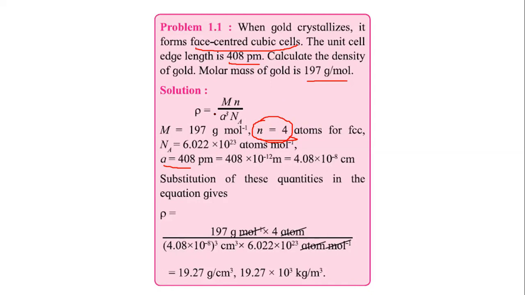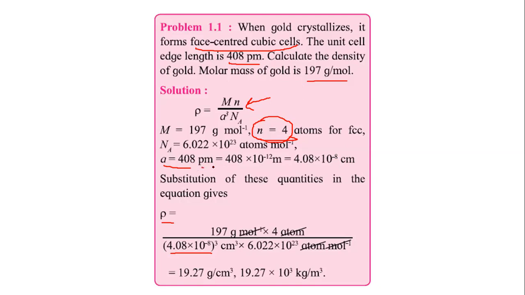So all the values are known. By putting these values in this formula, rho is equal to 197 grams per mole, into 4 atoms, this n is equal to 4. And we have to do a cube, because a is given in picometers and we have to convert it into centimeters.